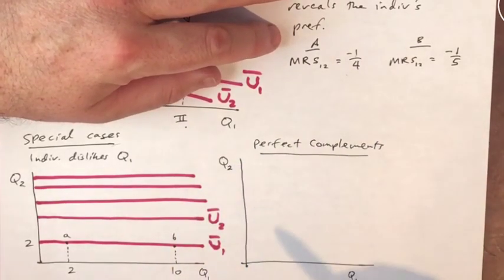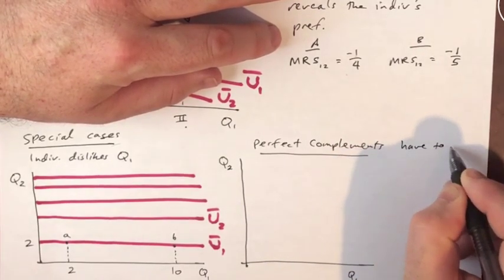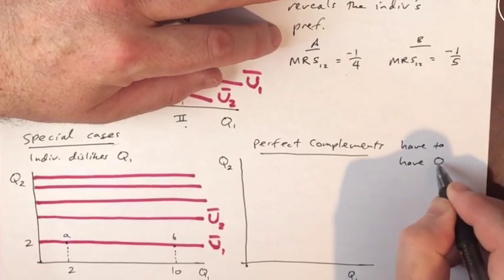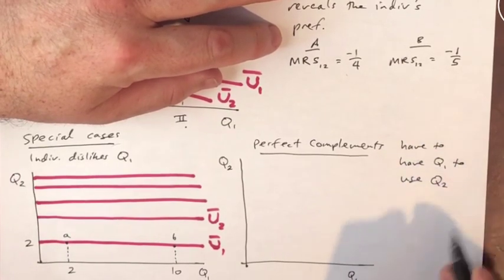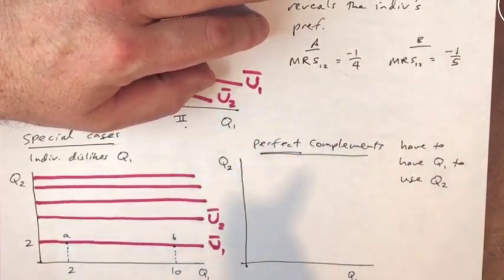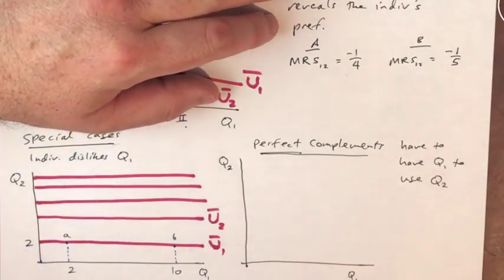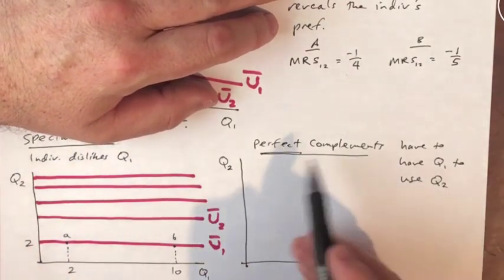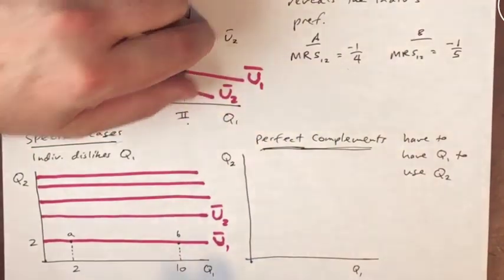If it's truly perfect, it means that you have to have good 1 to even use good 2, right? Perfect complements means they absolutely go together, right? You gotta have both of them, otherwise it's absolutely no good to you. Now, nothing is truly perfect in this world, but this is the concept, right?